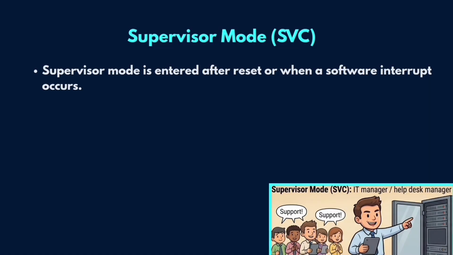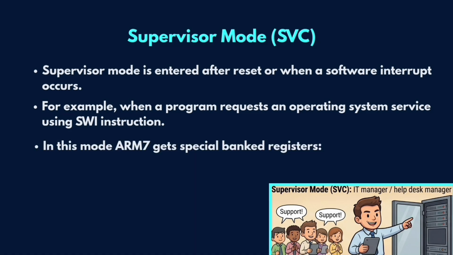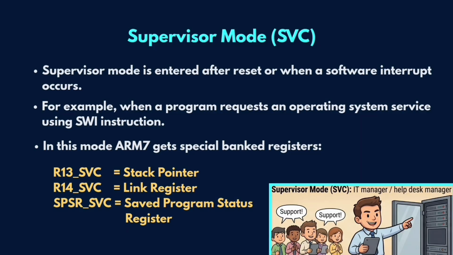For example, when a program requests an operating system service using the SWI instruction. In this mode, ARM7 gets special banked registers. They are R13, R14 and SPSR, which is nothing but stack pointer, link register and saved program status register.